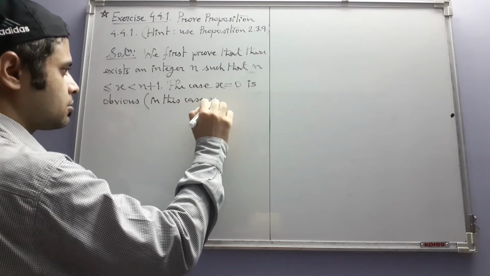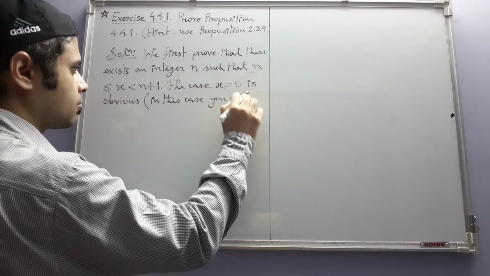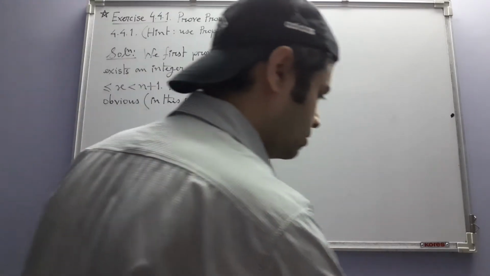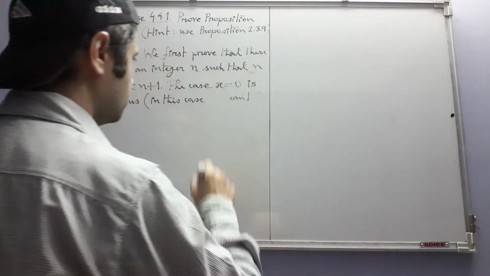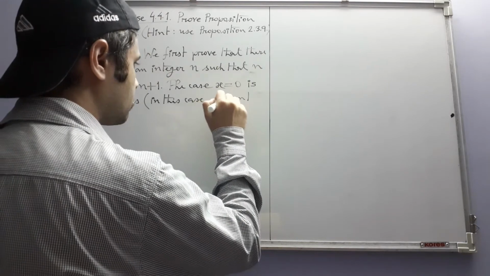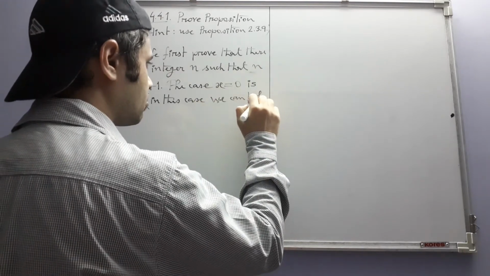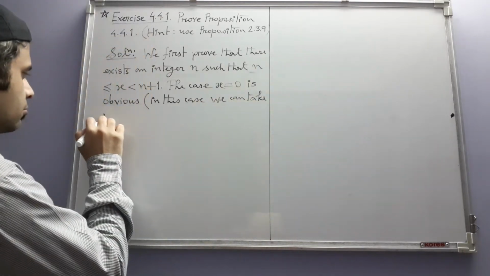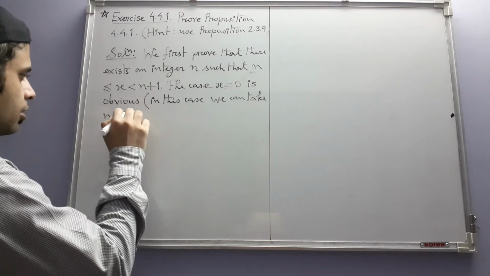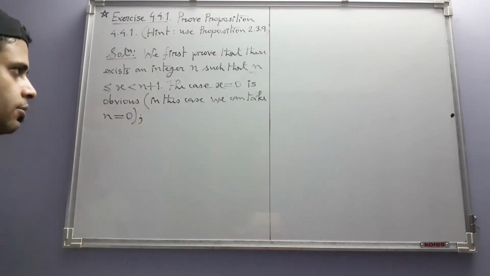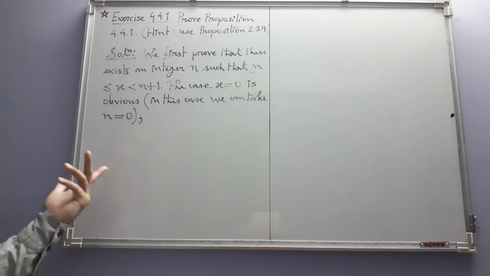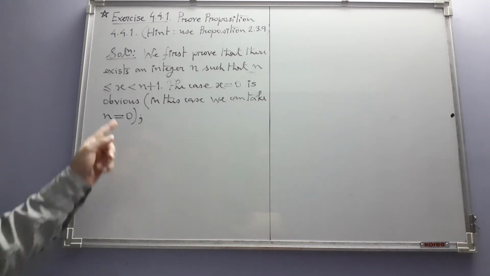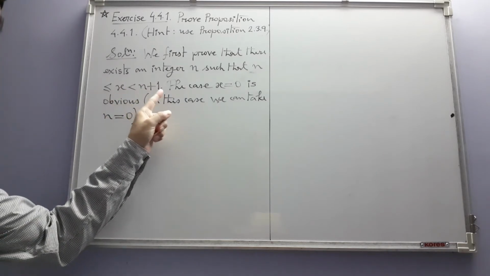In this case, we can take n equal to 0. So when x is 0, n can be chosen to be 0 because 0 is less than or equal to 0, which is strictly less than 0 plus 1.